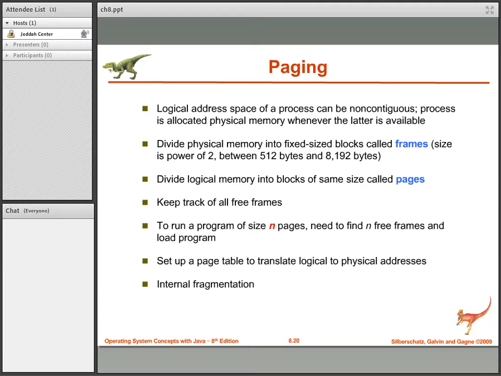This is explained by knowing that the logical address space is allocated a certain part of the physical memory whenever that part of the physical memory is available, thereby producing non-contiguous logical address space residing in the main memory physical address space mapping.